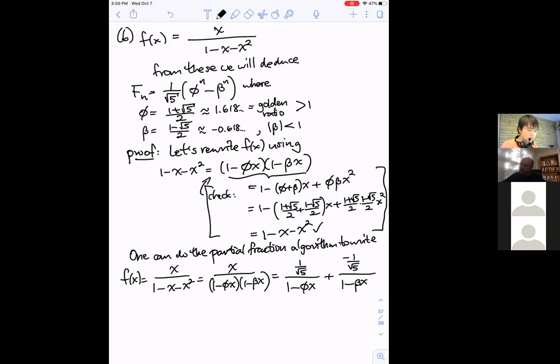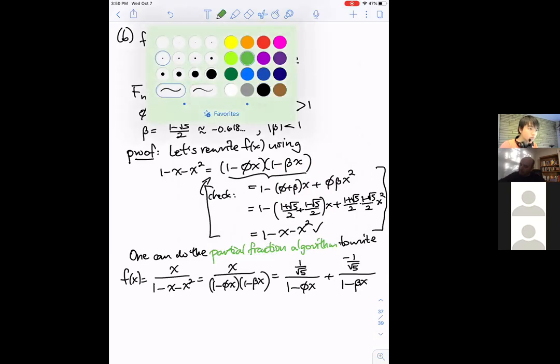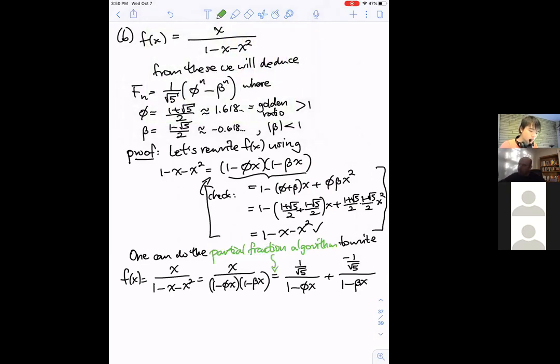So right here, this equality is the partial fraction algorithm that you do just like in calculus, to do that rewriting. Where do we get the idea about how you could try to do this?